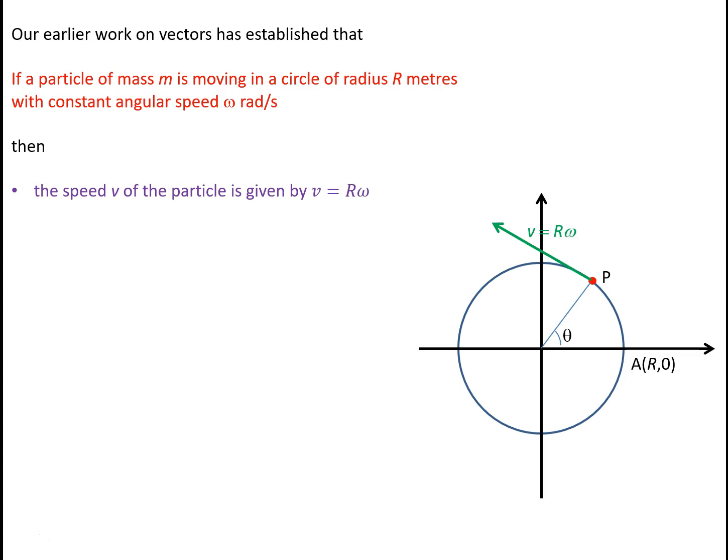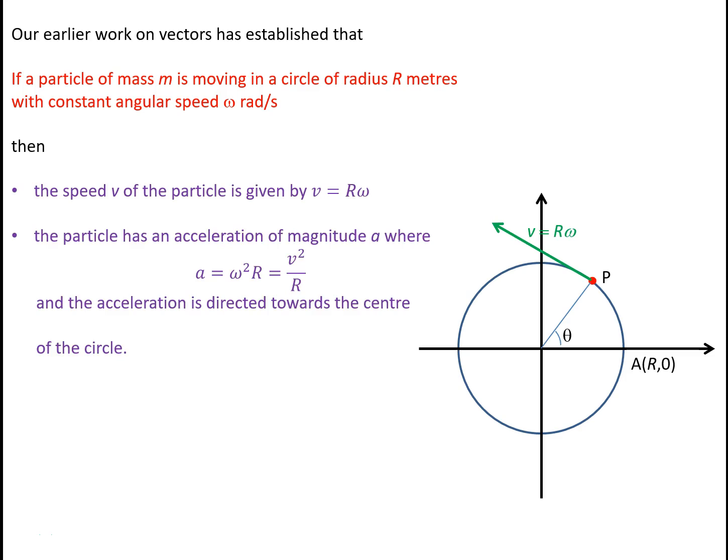and is tangential to the circle, and the acceleration of the particle has magnitude omega squared r, which is the same as v squared over r, where v is the speed, and the acceleration is always directed towards the centre of the circle.